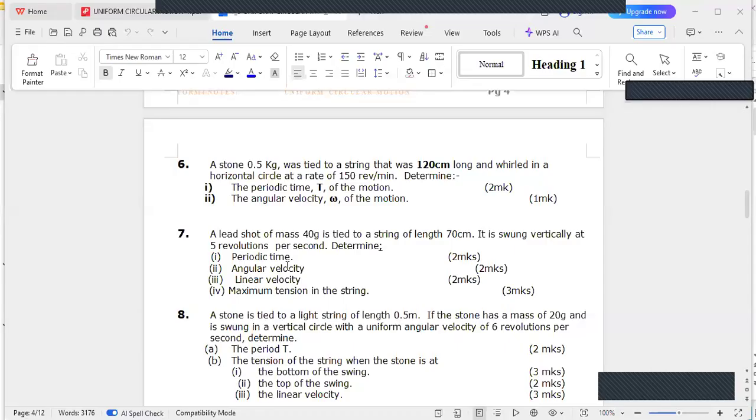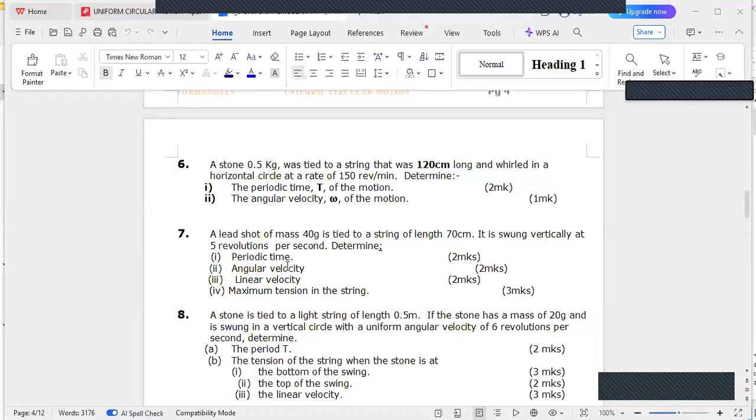So that is 0.04 for the mass multiplied by 21.99 squared divided by 0.7, plus mass 0.04 times 10.